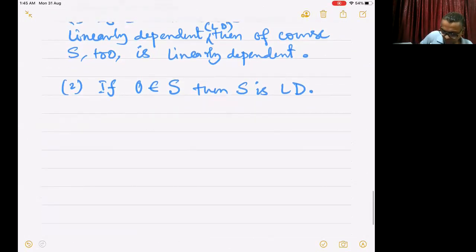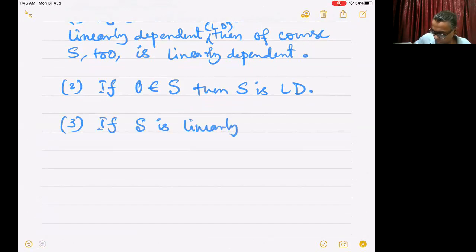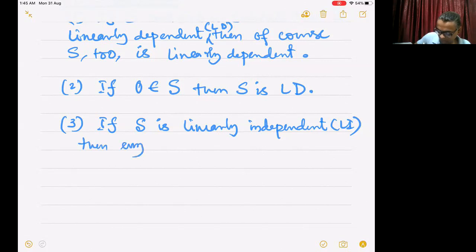Now number 3. If S is linearly independent, I'm going to use the shorthand LI for that, then every subset of S is also linearly independent.